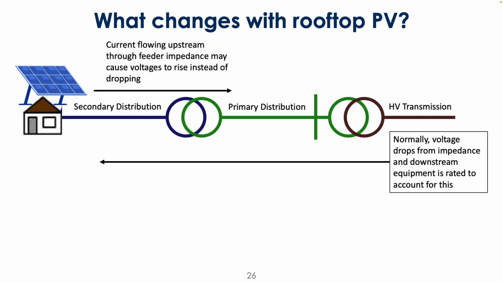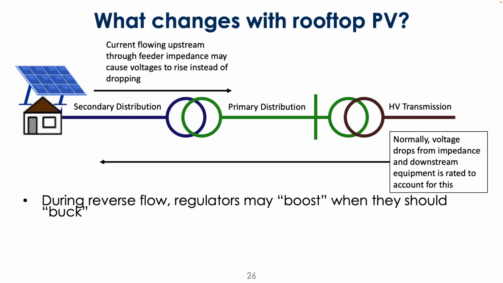I talked about how voltage regulators boost your voltage, and in some cases when it detects current going through, it doesn't care about direction, though it does care about the magnitude, so the direction could be going the opposite way, and it might be boosting voltages in ways that you don't necessarily want.